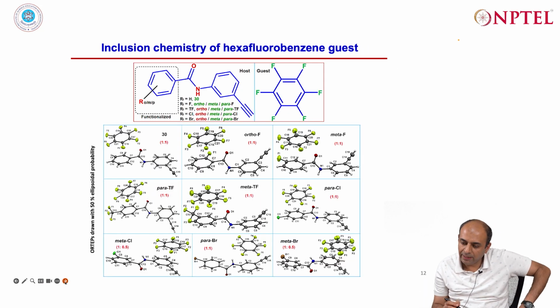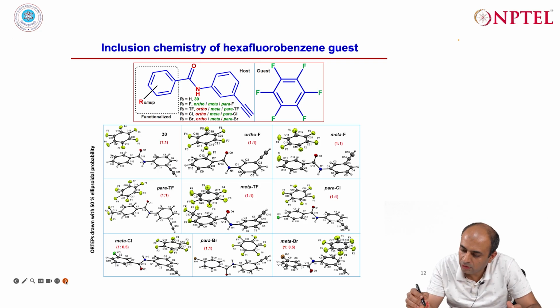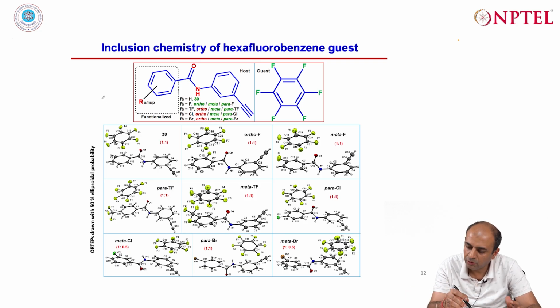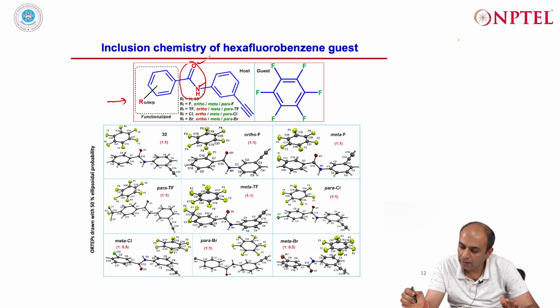So, with this in mind, it has been demonstrated that if you take this particular substrate, an ethanol substituted benzamide, it also has an amide functionality in the center. So there is a strong donor and a strong acceptor, and you take different substituents and different isomers.